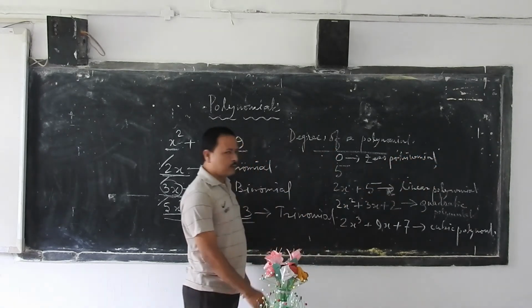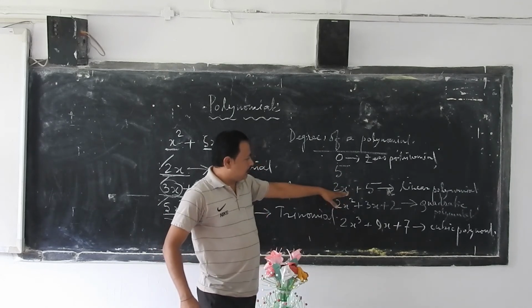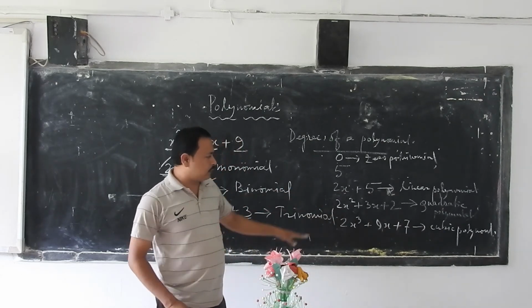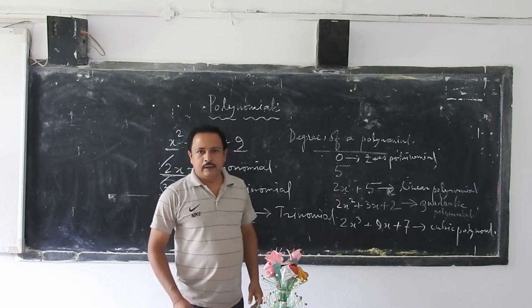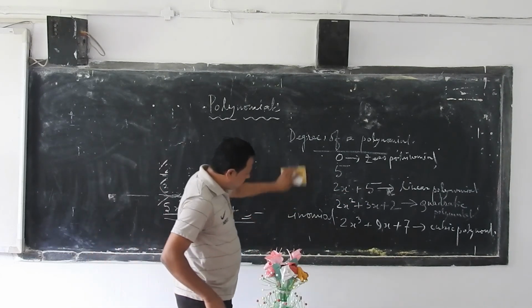Zero is called a zero polynomial, and a constant term is called a constant polynomial. And if the degree is 1, then it is called a linear polynomial, then quadratic polynomial, cubic polynomial, biquadratic or quartic polynomial, like this.